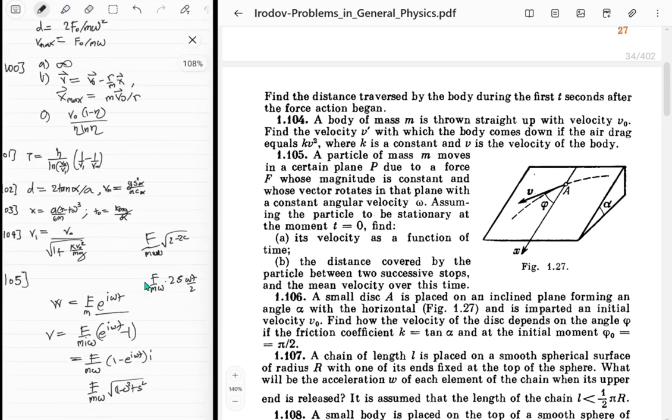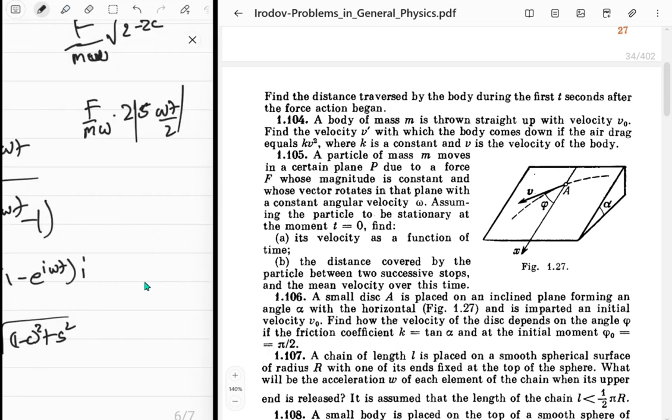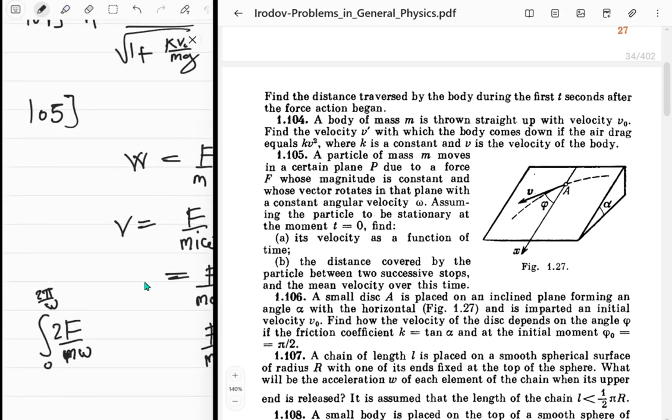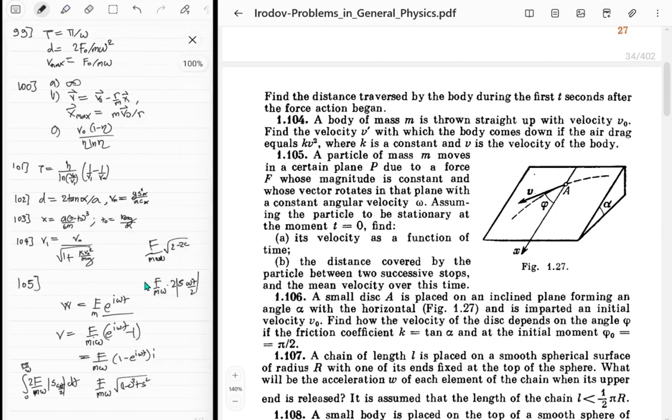So that's it. Oh, it should be mod actually, because it changes positive, negative. So what we are looking for is the integration from 0 to 2 pi upon omega of this whole thing. So F upon m omega, and then we put 2F upon m omega, mod of sine of omega t upon 2, dt.